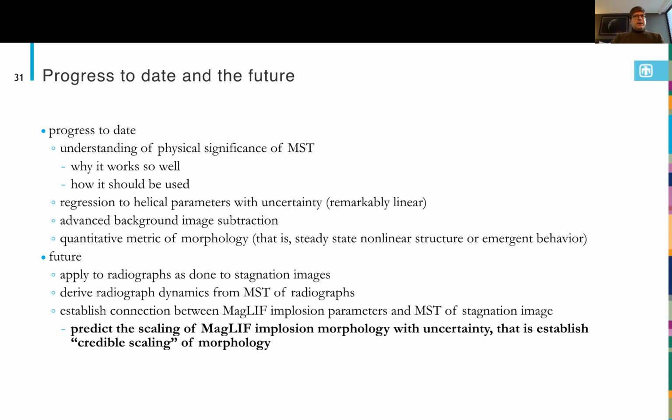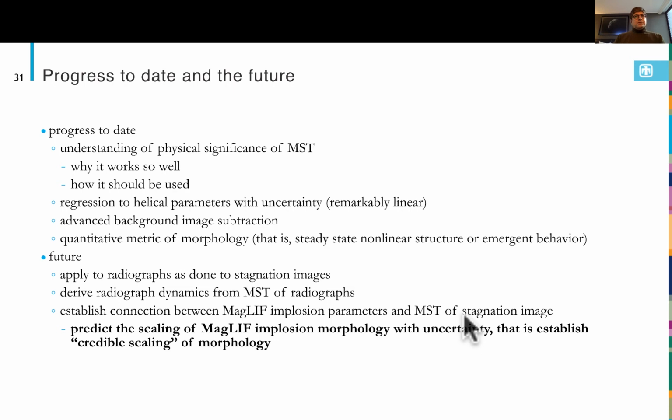I think this ends up having also a potentially much larger use in terms of trying to use machine learning in order to integrate partial differential equations, but also this was to establish the connection between maglev implosion parameters, or how we are imploding the high energy density plasma, to the Mallat scattering transformation of the stagnation image.